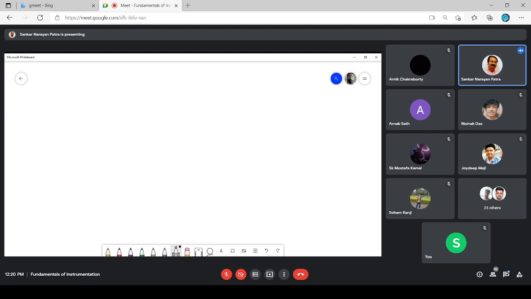First one is its construction as well as the visualization. Visualization means what it actually looks like. You have to have a clear visualization of a particular instrument.